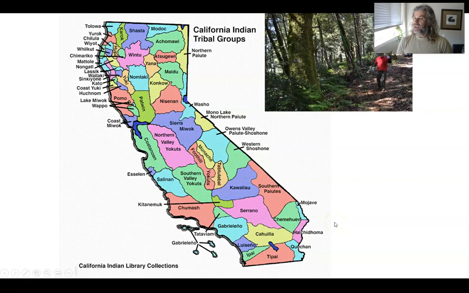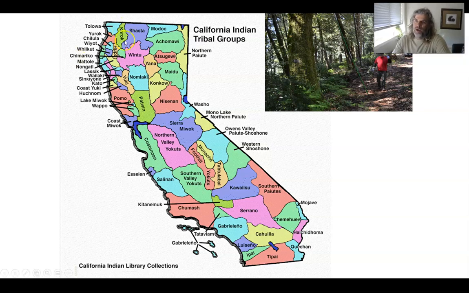Just emphasizing again, a very diverse set of people. If you talk about just tribal affiliation or tribal groups, you can see that more or less all of the land was captured in one or another group's territory. And in some respects, the distribution of tribes and the number of tribes in any one particular area reflects biological diversity.